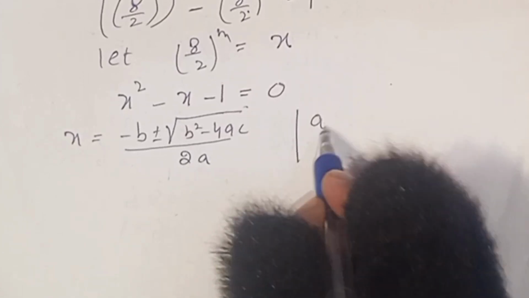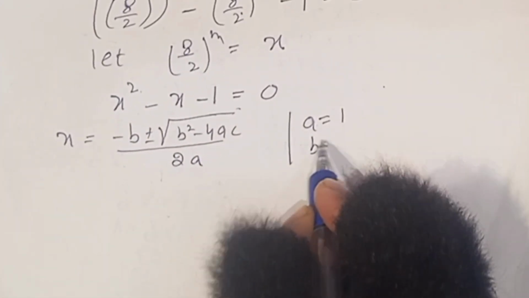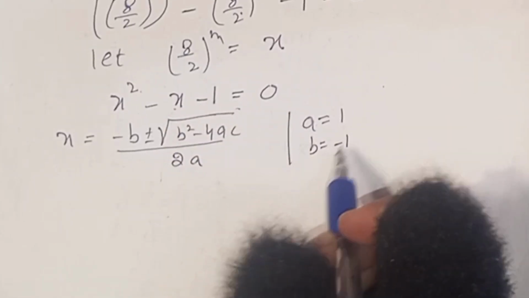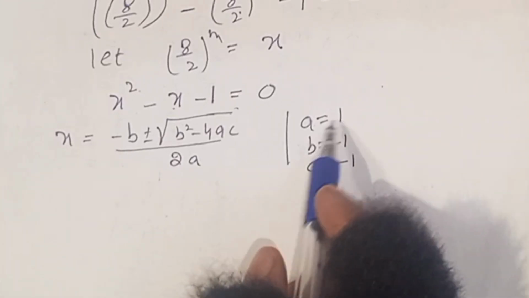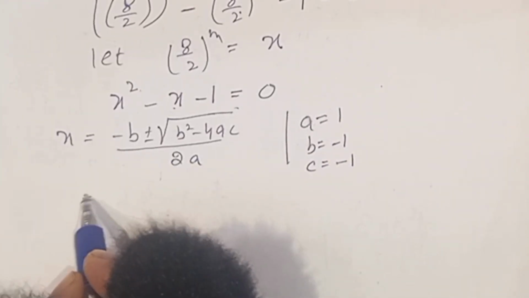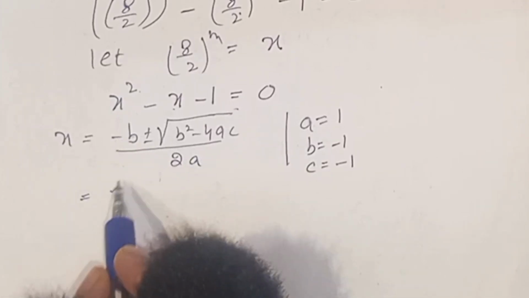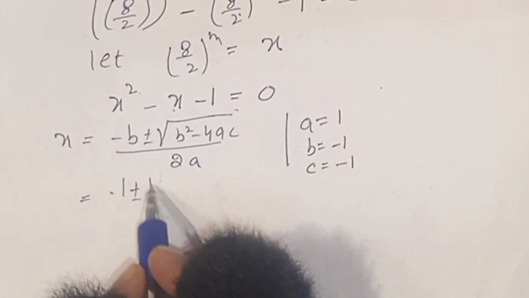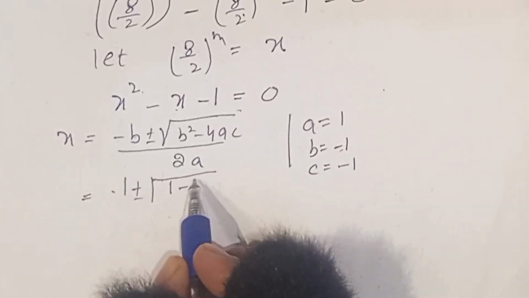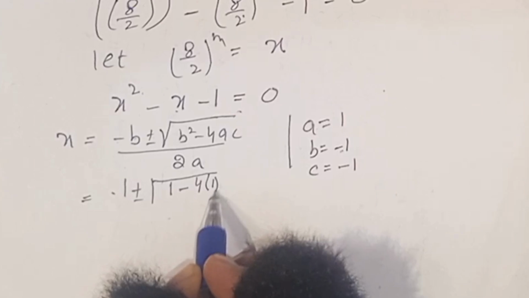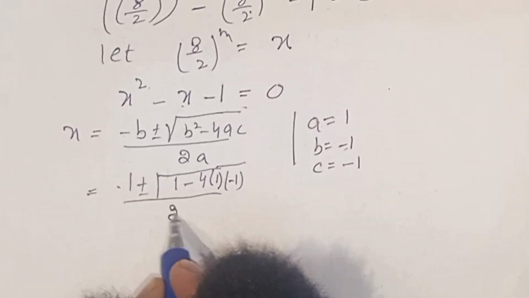And a is equal to the coefficient of x square which is 1, b is the coefficient of x which is minus 1, and c is the constant which is minus 1. So substitute these values in this formula. So b is minus 1, so minus b will become a positive 1, plus minus the square root of b square, which is 1, minus 4, a is 1 and c is minus 1, over 2 times a, which is 1.